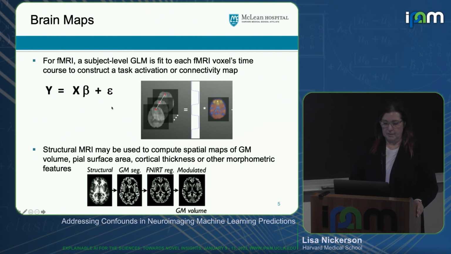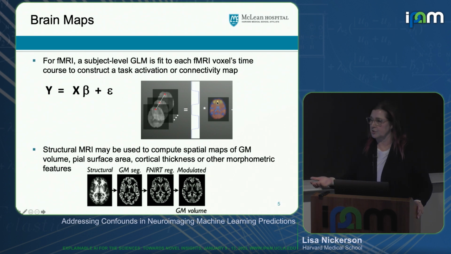This is usually implemented with a standard general linear model, where each voxel's time course during a task performance is modeled as a linear regression, where you have a model of the stimulation. In this case, this would be an on-off design that I'm showing in this regressor. You fit that to the voxel's time series, and then you log the regression weight at that voxel's location.